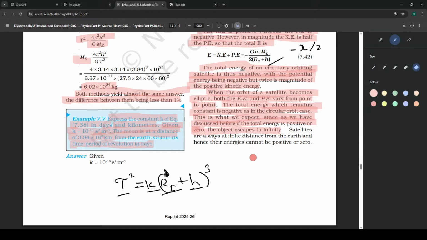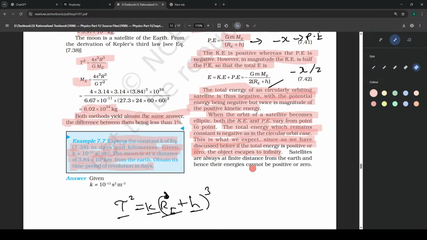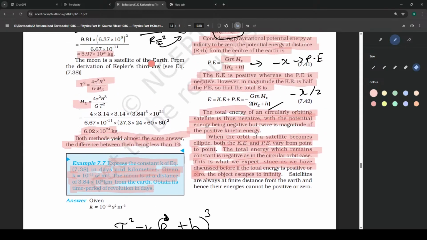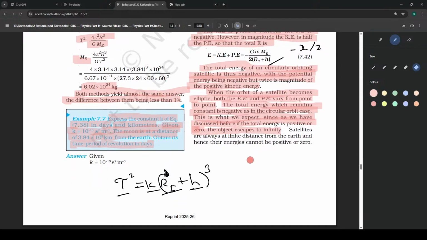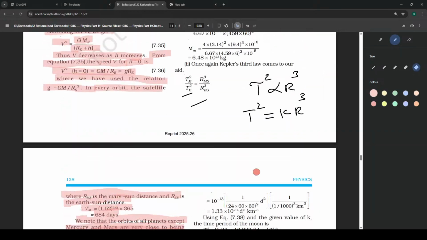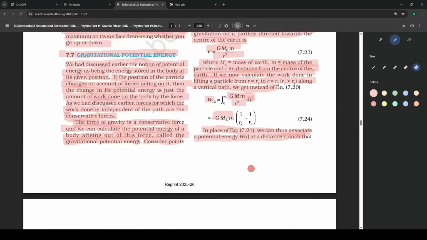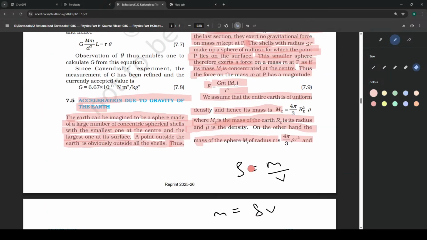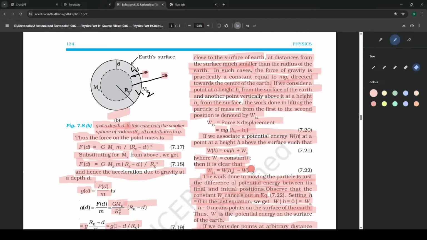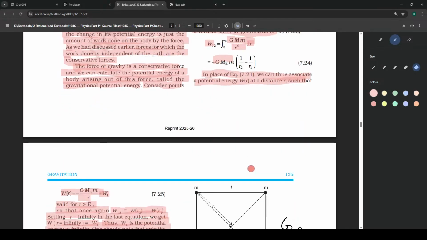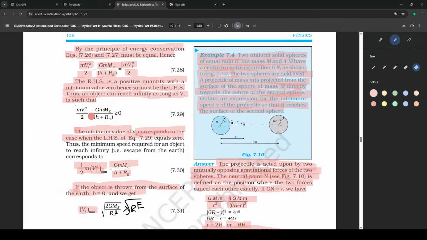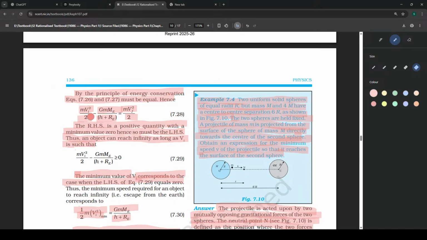The escape speed we calculated using conservation of mechanical energy, where the kinetic energy at infinity will be zero. Let's see that again. Escape speed here. At initial, V initial should be equal to V final.